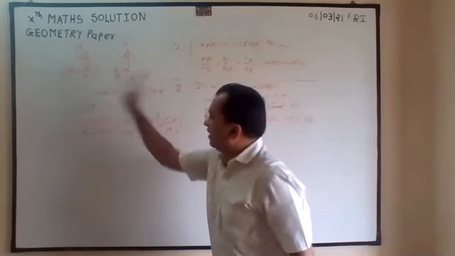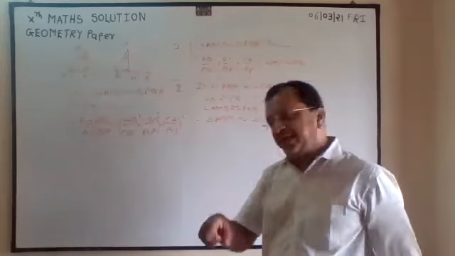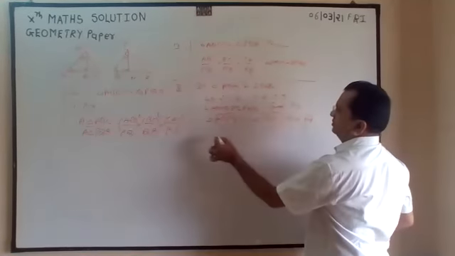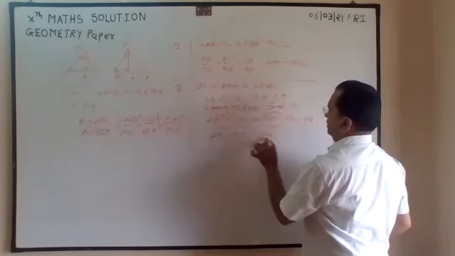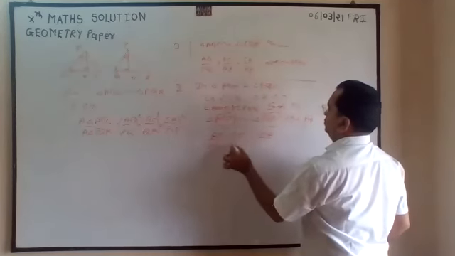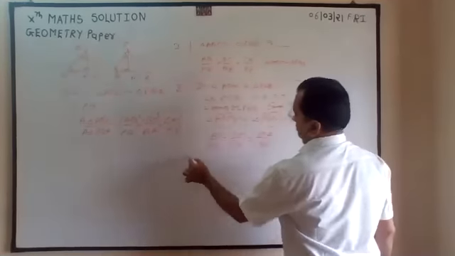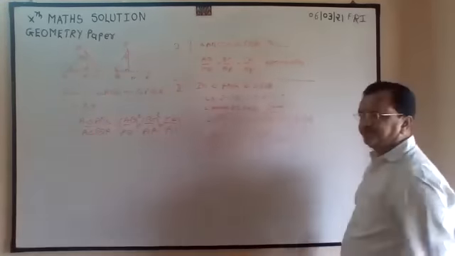And the rest, left part or right part, you prove similar by AA test. Then again write first, second, third, third, first: AB, BM, MA over PQ, QN, NP. Two triangles are similar.